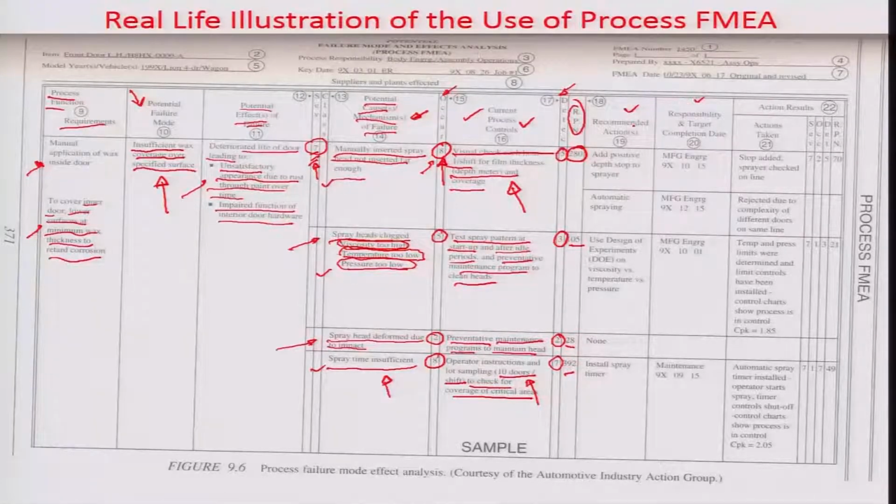So in this particular case, the following actions are recommended by the quality engineer. For the manually inserted spray head not inserted far enough, the engineer suggests a sort of foolproofing. The foolproofing is related to adding a positive depth stop to the sprayer. It may be some kind of a limit switch which will send a signal to the overall PLC which controls the assembly line.